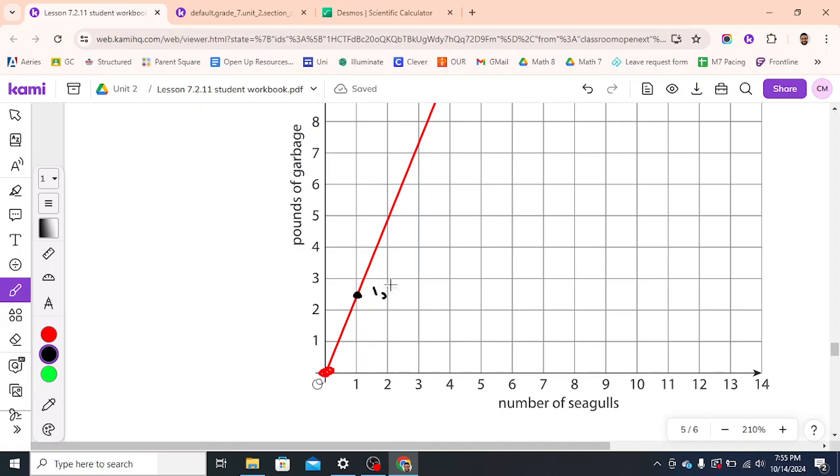So that's 1, K, which appears to be about 1, comma, and if you notice, it's kind of in the middle over here. So I think 2.5. Now, the way that I can verify that is, again, by actually finding the constant of proportionality.